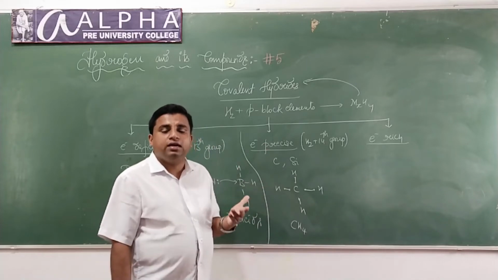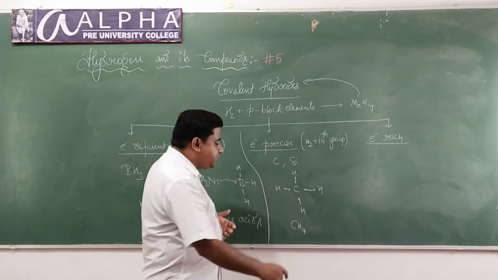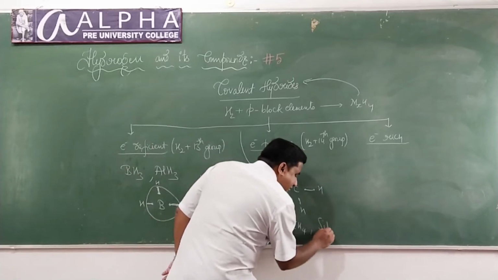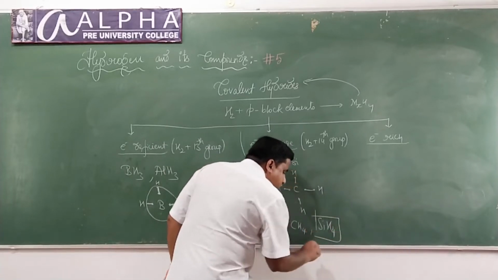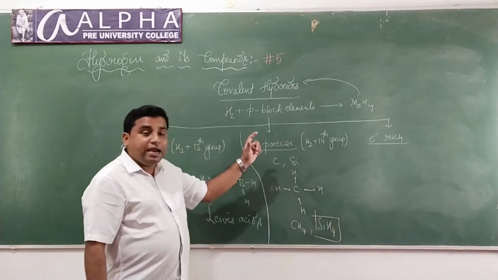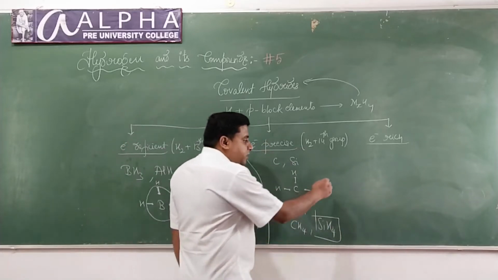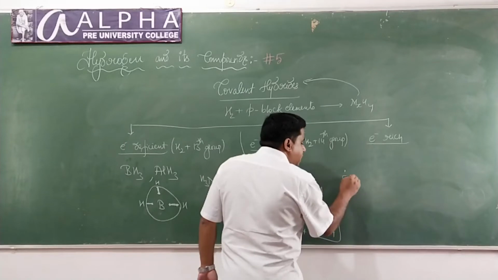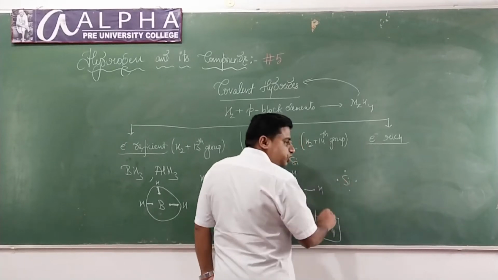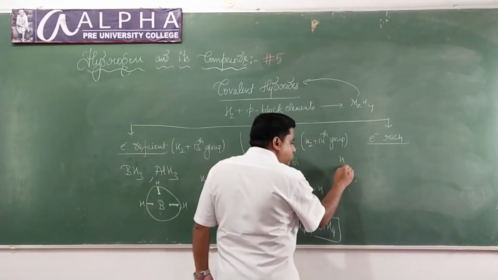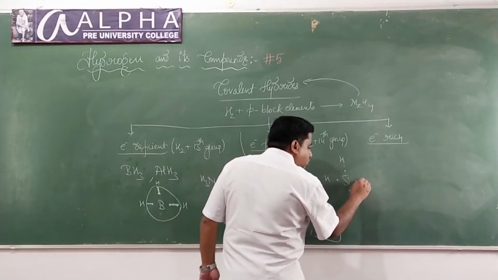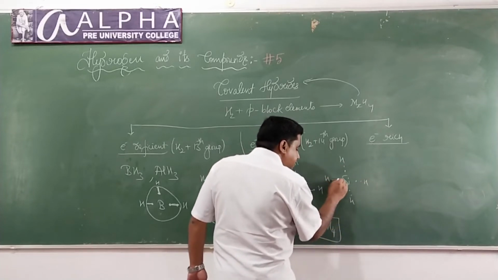Such compounds are called electron precise hydrides. One more example is silane, SiH4. Silicon, just like carbon, has 4 electrons in its outermost shell. It shares 4 electrons with 4 hydrogen atoms and forms silane, SiH4.